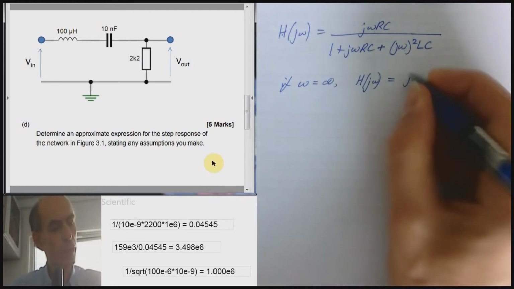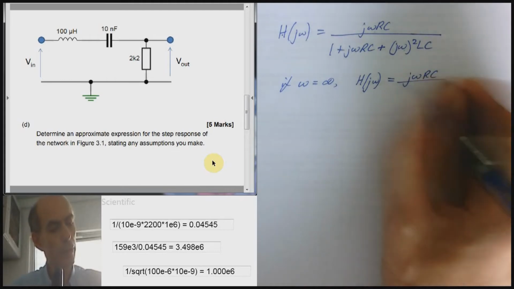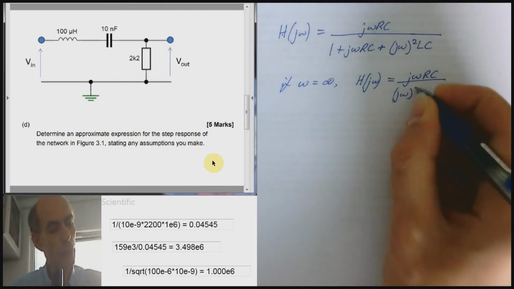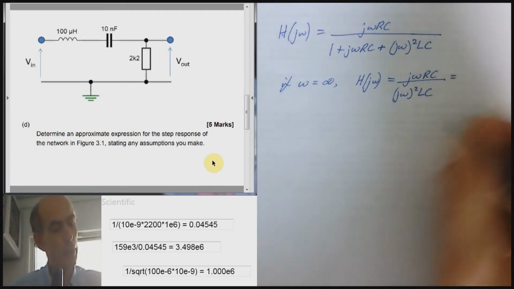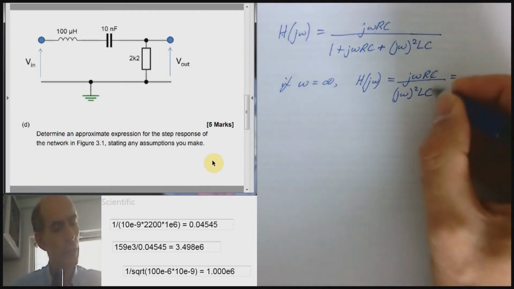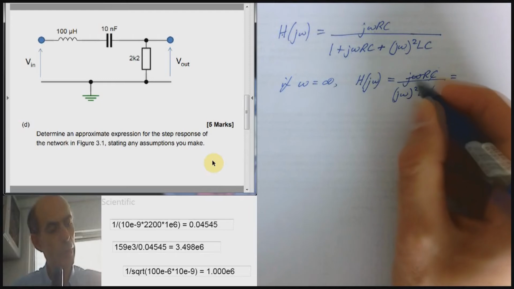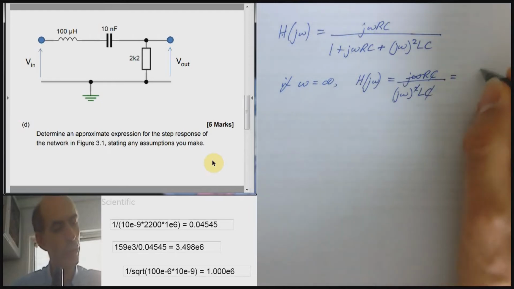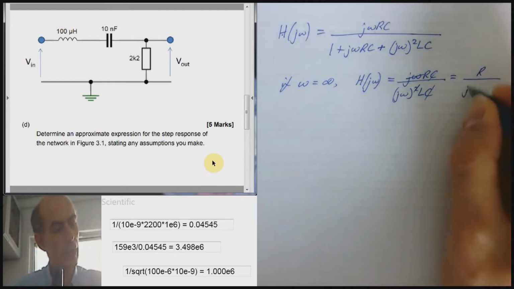That would just give us j omega RC over j omega squared LC. That gives us the C's cancel out, the j omega at the top cancels out with one of those, that gives us R over j omega L.